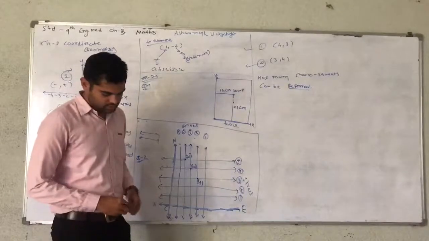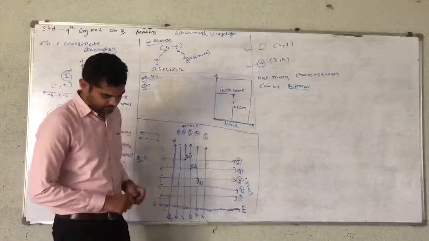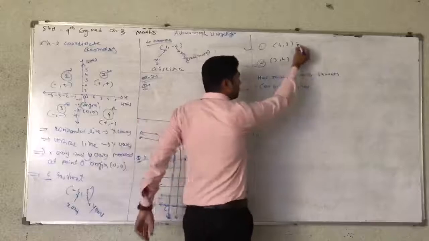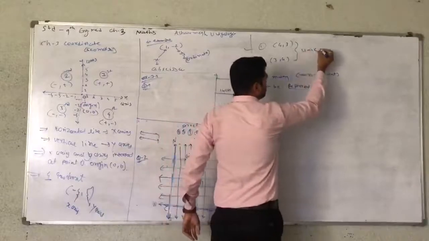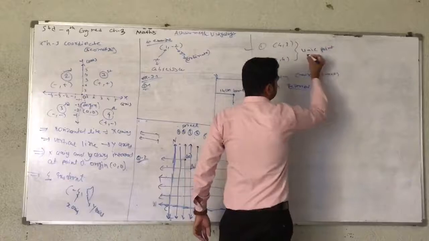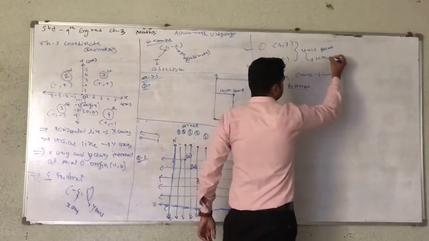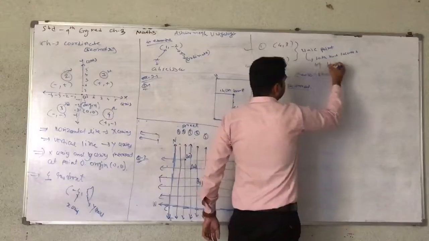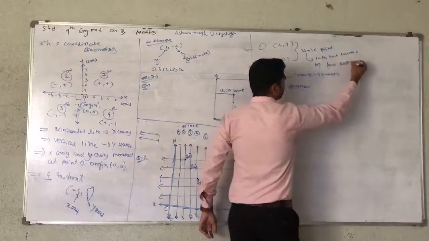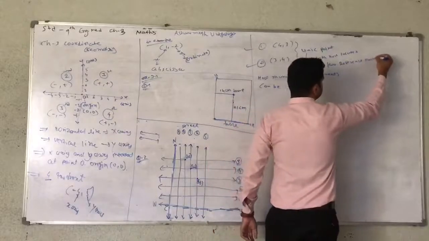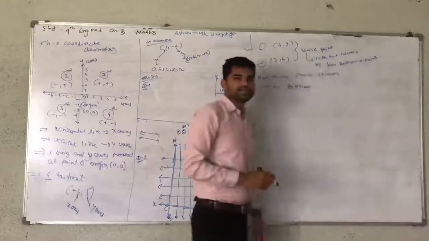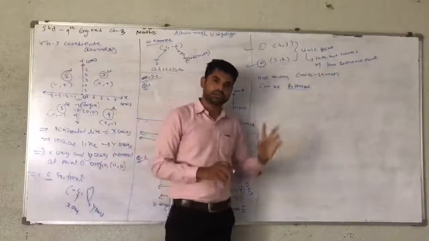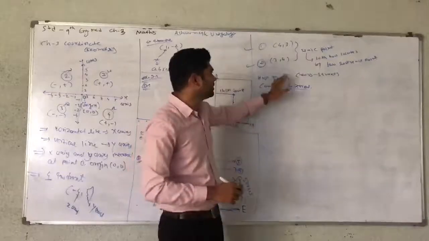It is unique because two different points can be used for location. Reason: both are located by two reference points. Two reference points, the x-axis and y-axis, are unique. 3,4 is unique and 4,3 is also unique. So both are unique points.